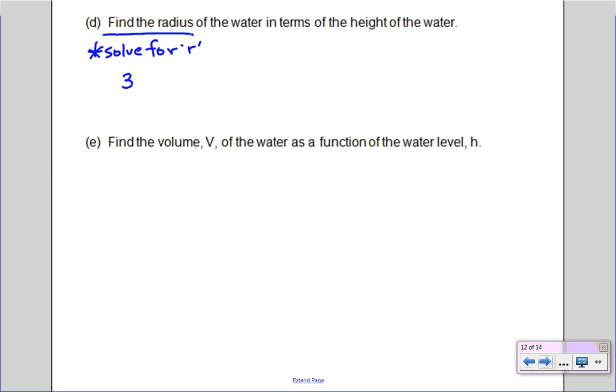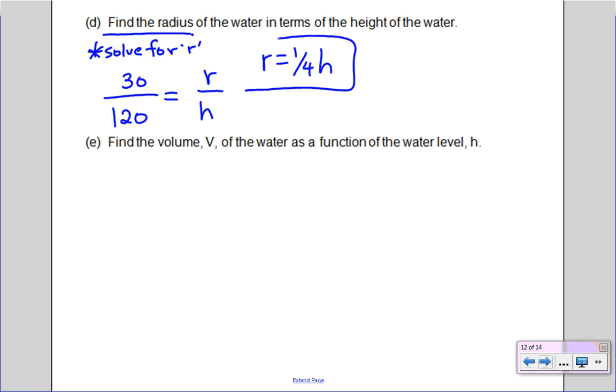When the radius was 30, the height was 120. So the height is 4 times as much as the radius, right? So that would give us the radius equals 1/4 times h. If it said it the other way around, find the height in terms of the radius, the height would be 4r.